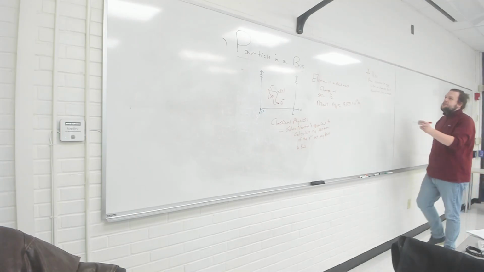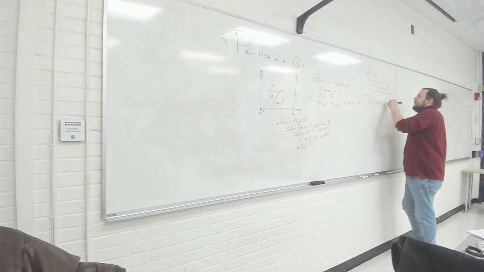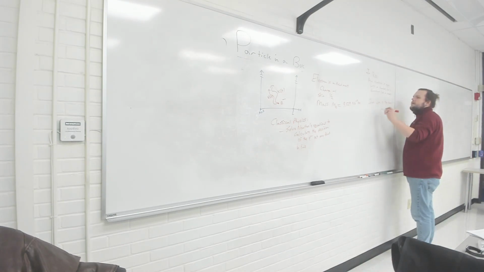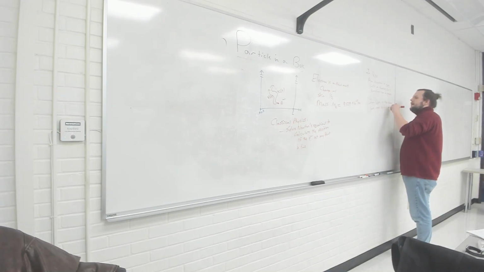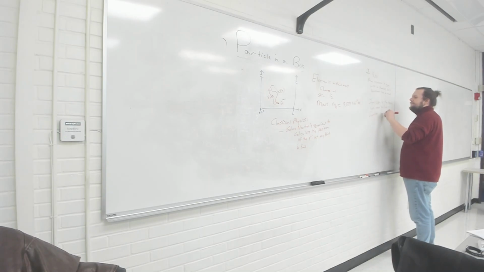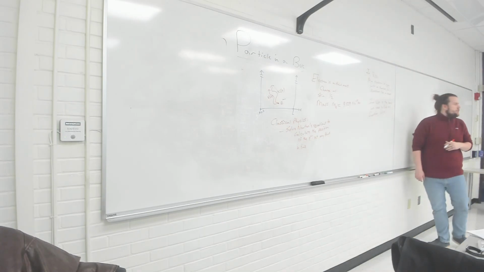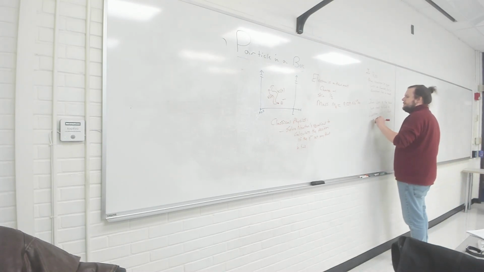So the strategy in QM is the same. We need to find a function. Let's just call it f of x comma t, for position and time, that encodes the behavior of the electron.